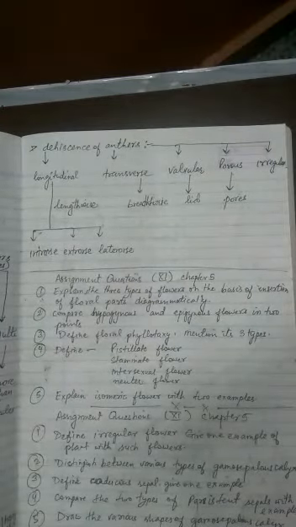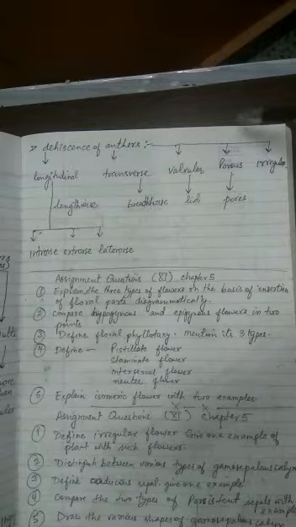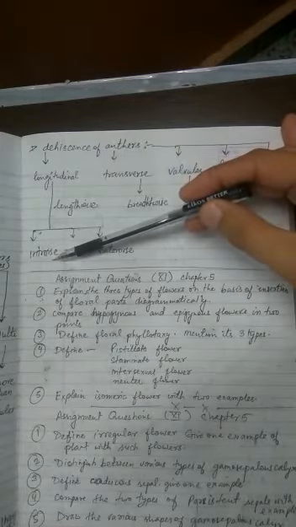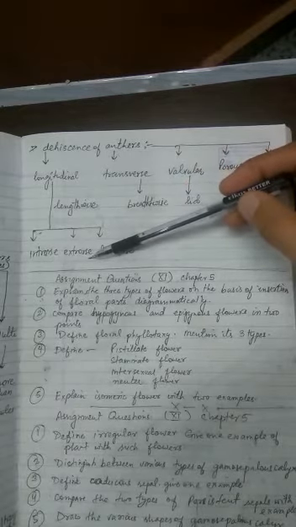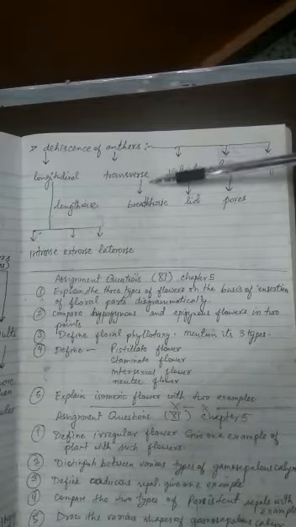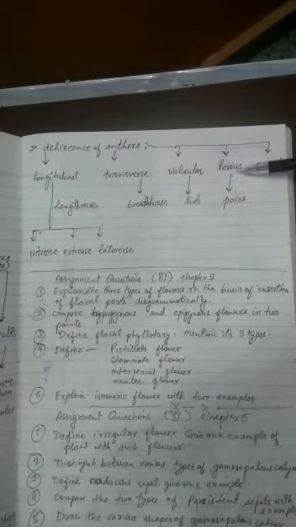Dehiscence of the anther can be longitudinal, lengthwise; if it is towards the inside, introrse; if it is towards the outside, extrorse; or if it is towards the lateral side, laterose. And then transverse, valvular, porous, and irregular types are also possible.